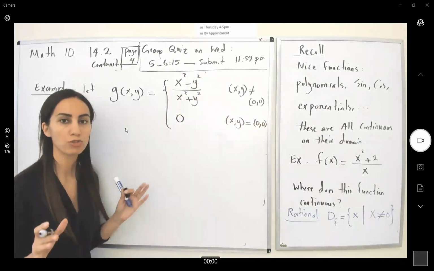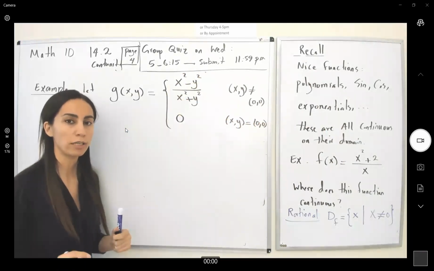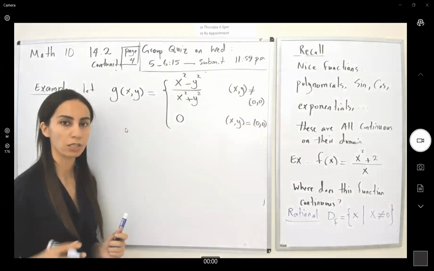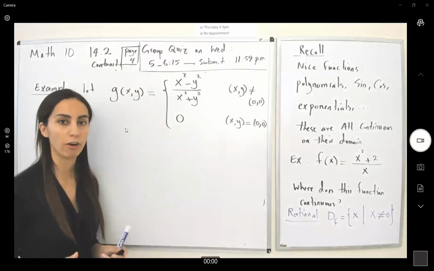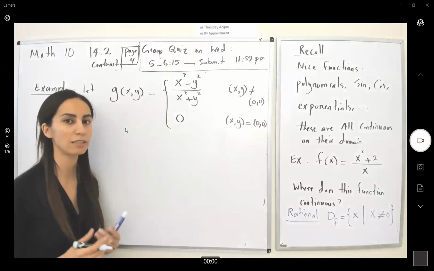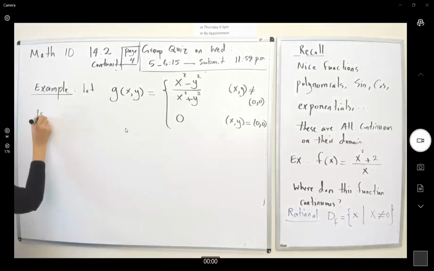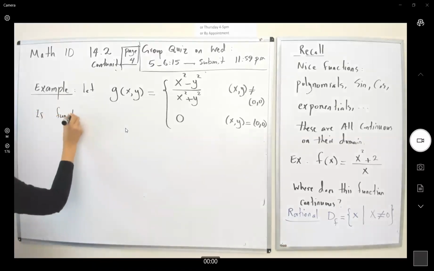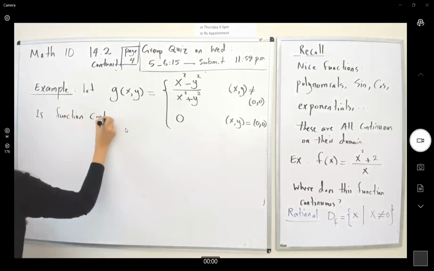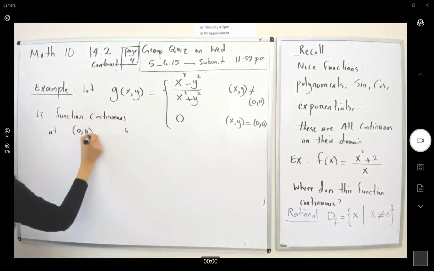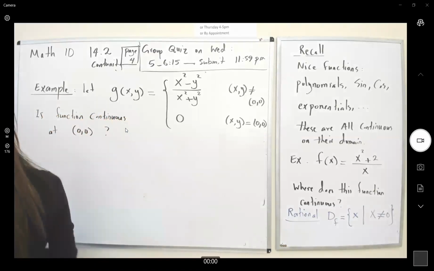So what I'm trying to do is somehow include the origin into this function and check the continuity of this function. Is the function continuous at the origin, at 0 and 0?